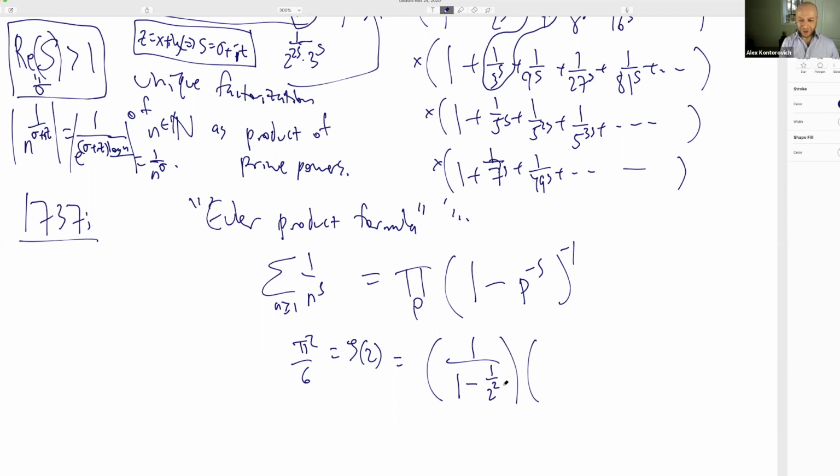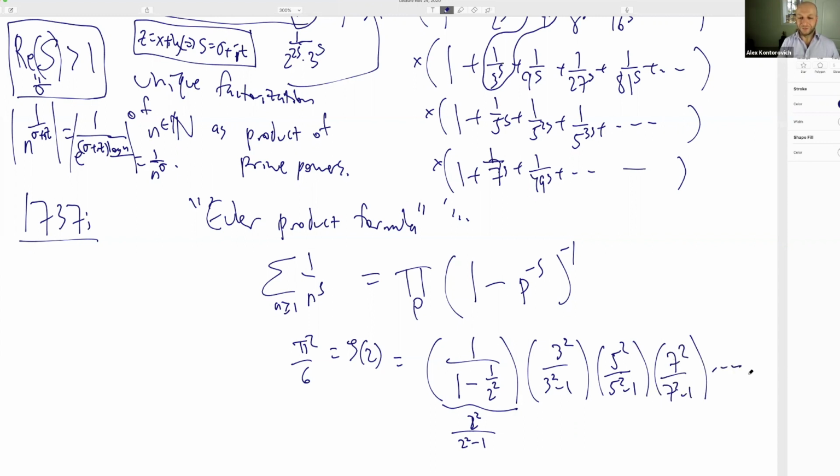Let's put a 2 on, so this is 2 squared over 2 squared minus 1. So here I get 3 squared over 3 squared minus 1, and 5 squared over 5 squared minus 1, and 7 squared over 7 squared minus 1, and so on.